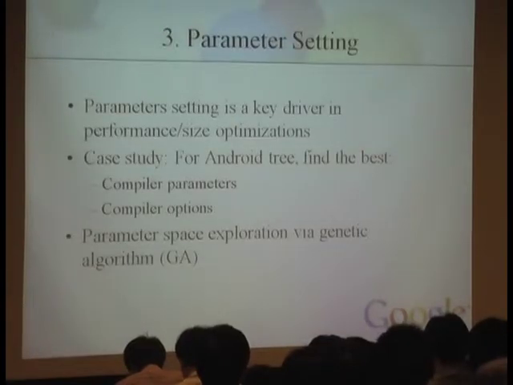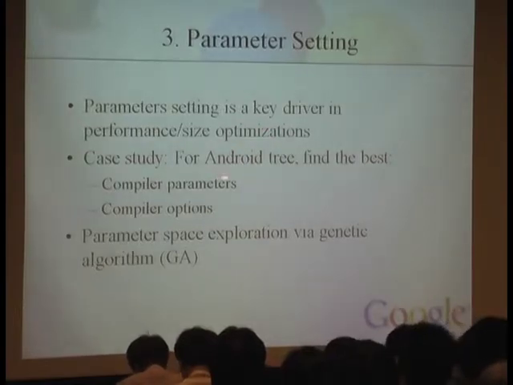Okay. So the third thing we try is to use systematic parameter setting. I think those configurations are key drivers in performance and size optimizations. For the Android tree, we want to find the best parameters, and here we use compiler options and parameters as a case study, but I guess this can be used in other places as well.